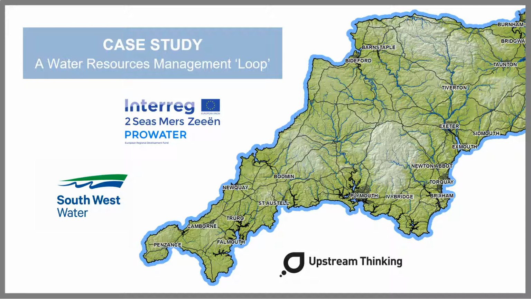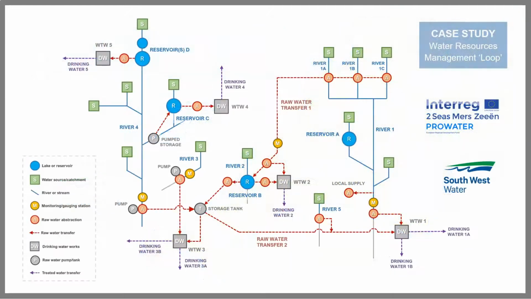We've been developing a case study looking at a whole system approach to understanding water resources, of which catchment management could play a critical role. To that effect, we have developed a conceptual model of how water resources are managed and moved around and used in a whole system water supply area.